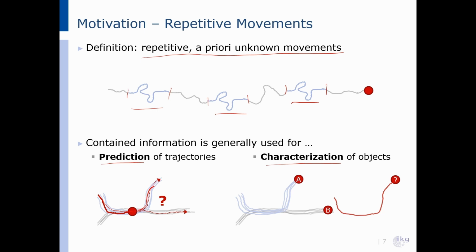In this case, for example, it looks similar to the blue ones. So here we might get a hint that this unknown object was also object A, or at least an object of type A. Yeah, so maybe this was the same object.